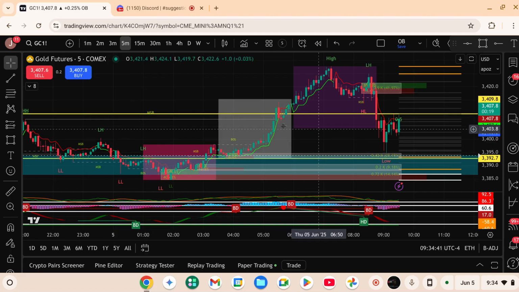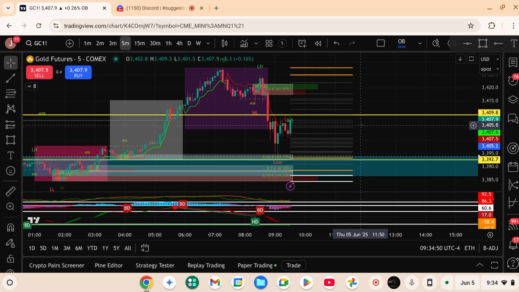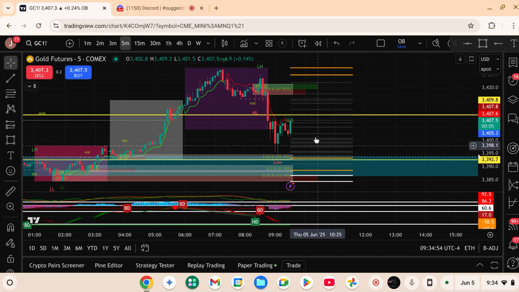So y'all see what I mean? Like I said, it could just chop around in this area, and it was probably gonna do this for a while. Just chop around between here and here on gold.